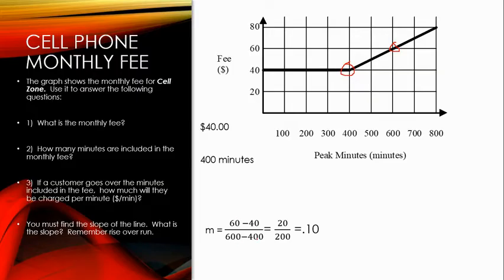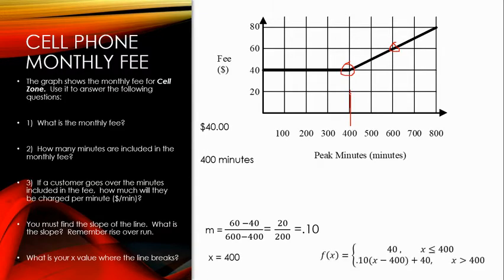So when we put our values in, we get 60 minus 40, which is equal to 20. We have 600 minus 400, which is equal to 200, which when we divide those gives us 0.10. So what is the x value where the line breaks? Well, it's right here at 400.